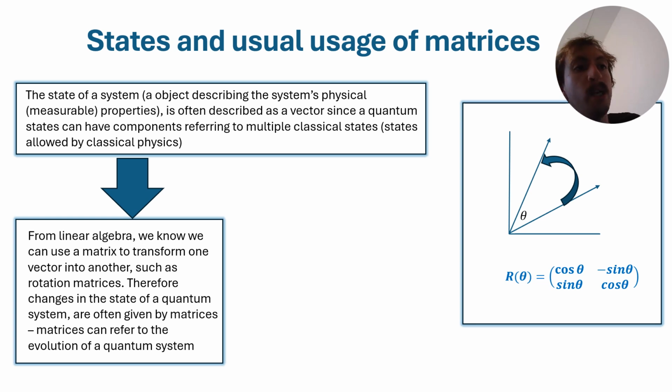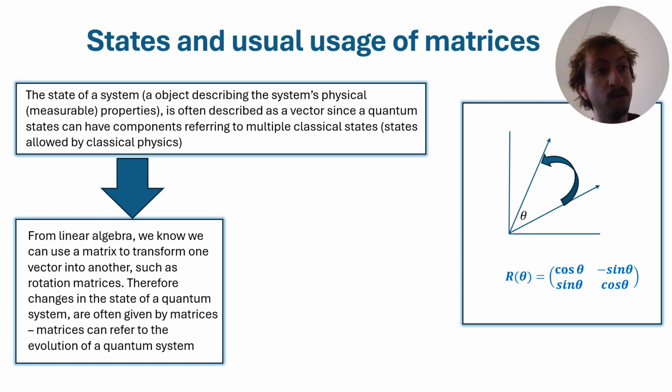And this immediately brings us to our first application of matrices in quantum mechanics. Because we know from linear algebra that a matrix can turn one vector into another.